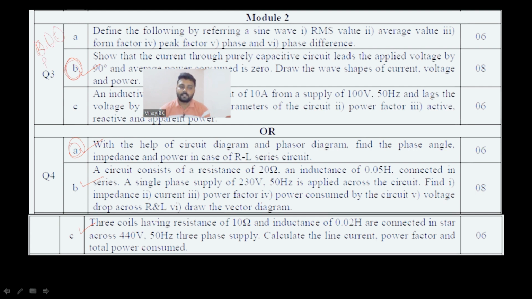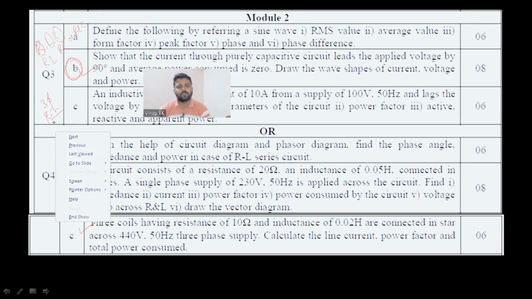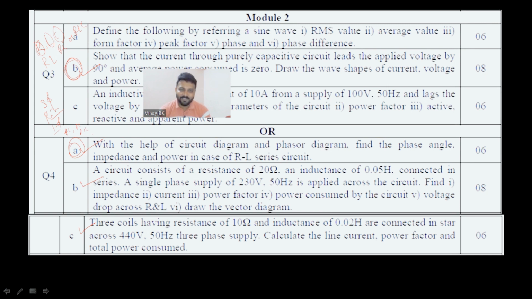Or else you can expect any one combination, RL, RC, or RLC circuit combination. And one problem from three-phase circuit, and one or two problems from single-phase circuits, that is RL, RC, RLC problems. One derivation.